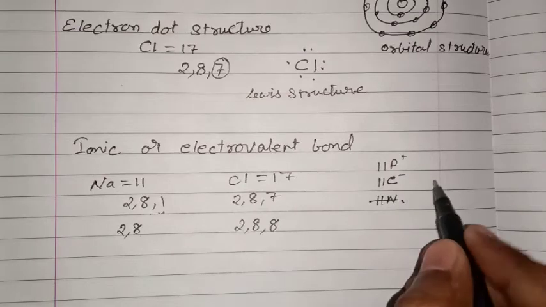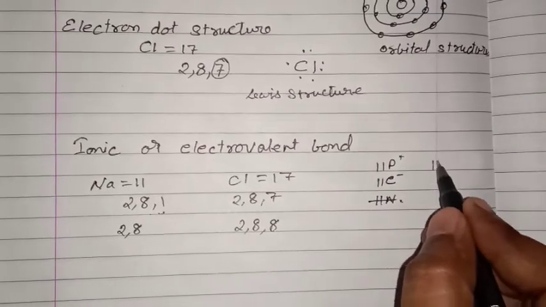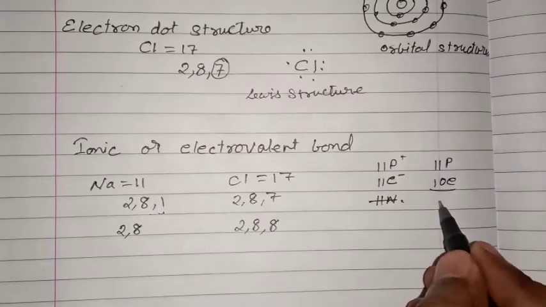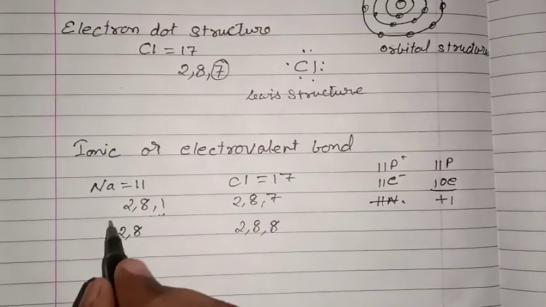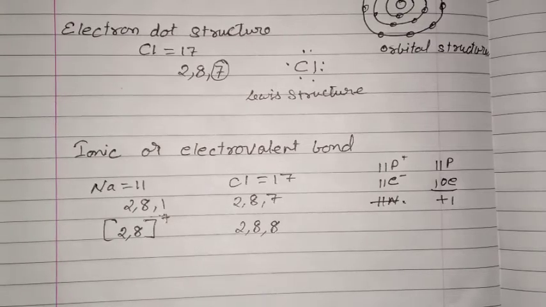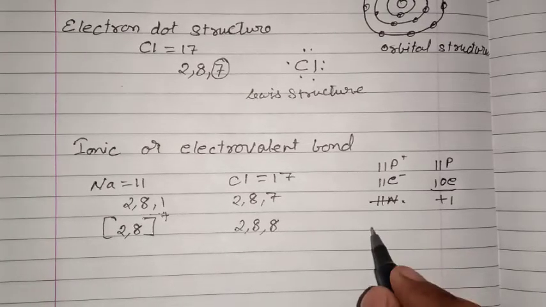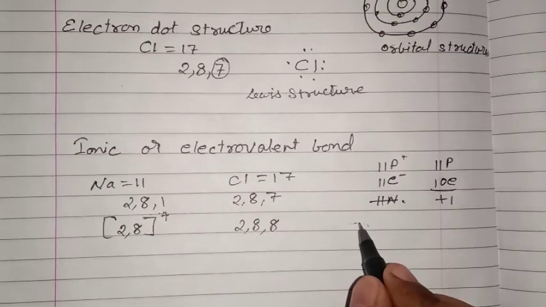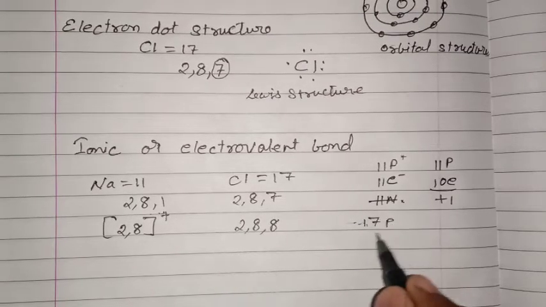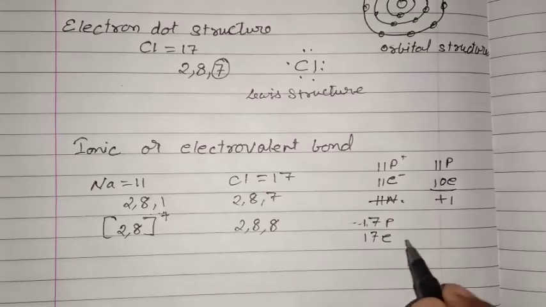After losing 1 electron, there are now 11 protons and 10 electrons. So a plus 1 charge is carried by the sodium atom.